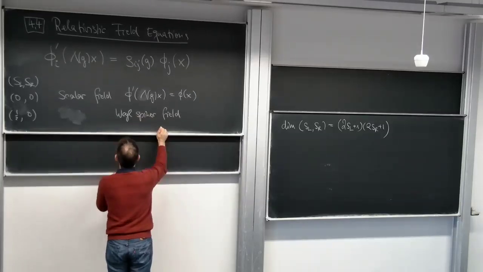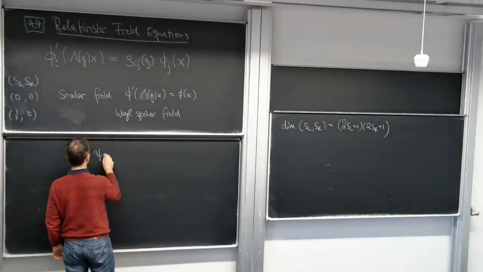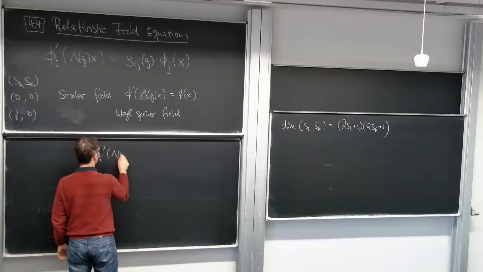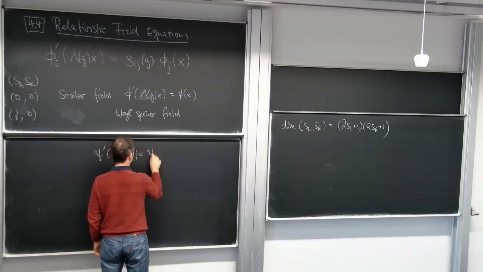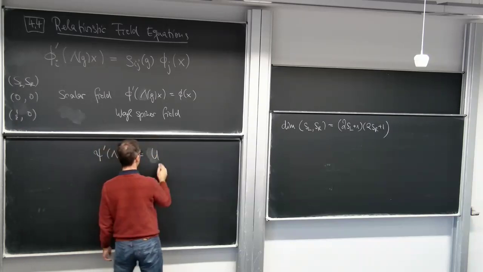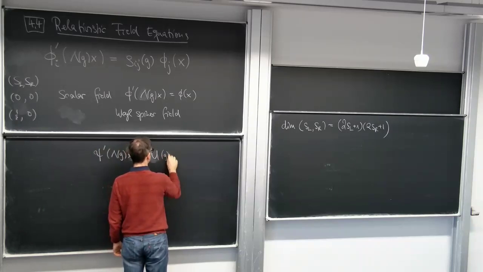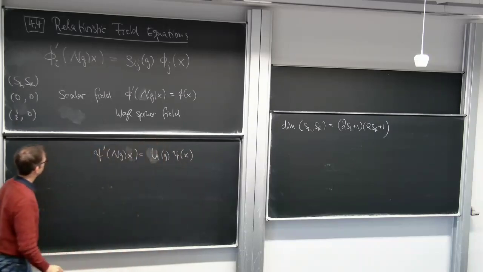And that transforms as, so it's called psi, lambda, G, X, psi. It's not psi, it's a 2x2 matrix. The representation is G psi of X.